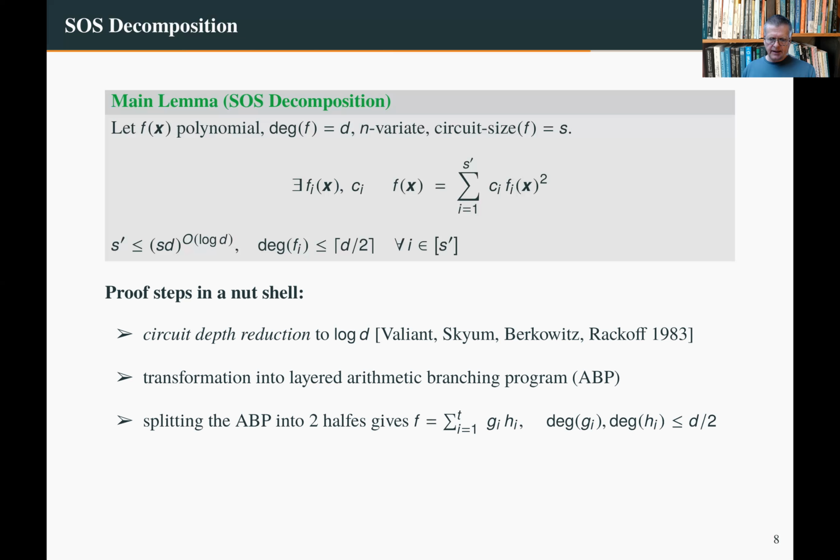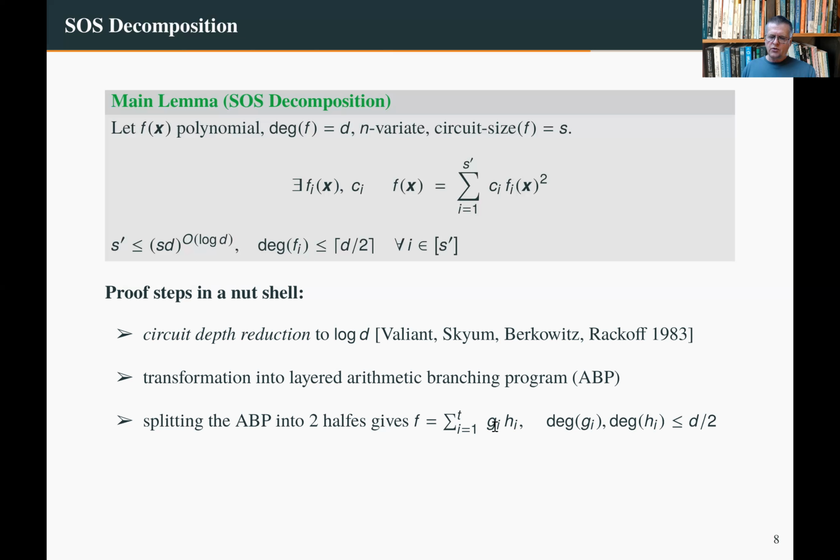computing f, and this branching program we can somehow split in half: at the start vertex, and halfway we stop and cut all paths, and then we get an intermediate layer, say of t nodes, and each node defines two polynomials, from the start vertex to the node and from the node to the sink vertex.